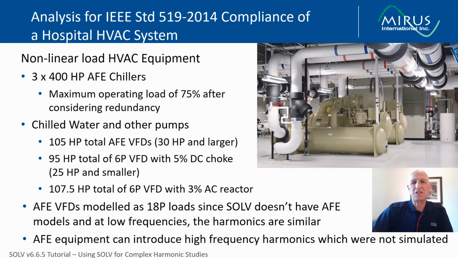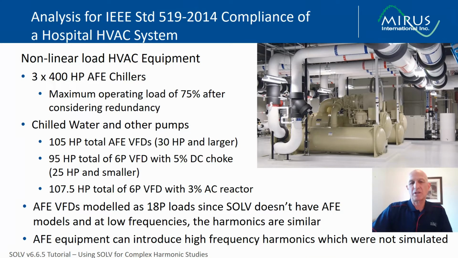A summary of the HVAC equipment load was prepared from the equipment specs provided by the mechanical contractor. The nonlinear load HVAC equipment included 3 400 horsepower active front-end chillers, and when we factored in redundancy, the loading of these chillers could be modeled as 75% maximum.